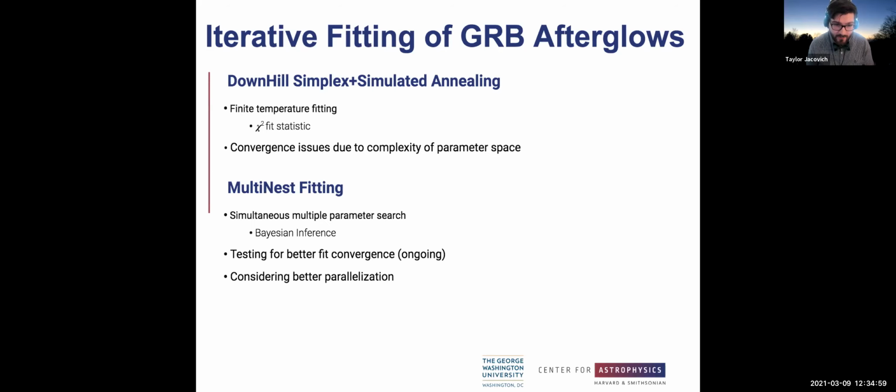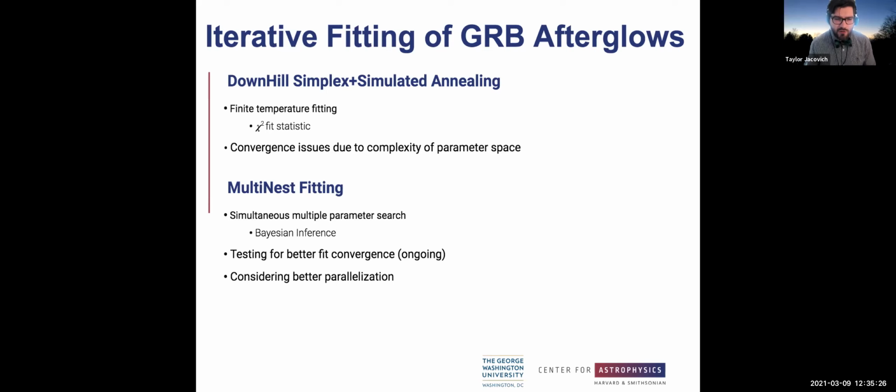The downhill simplex method calculates one point in parameter space and walks it, so it can do the light curve calculation in parallel, which is the longest part of a boxfit step. Multi-nest instead does multiple light curves at once and chooses the best fit from that group, which is a slower process.